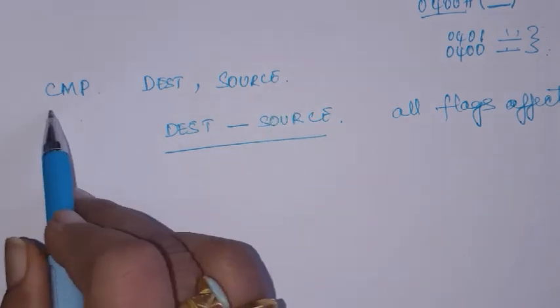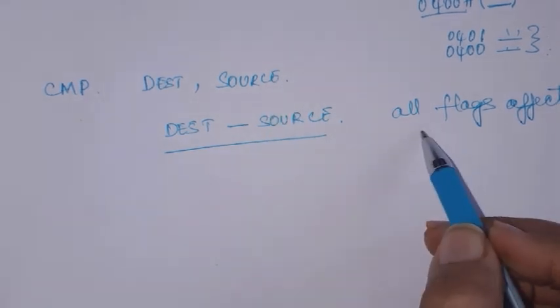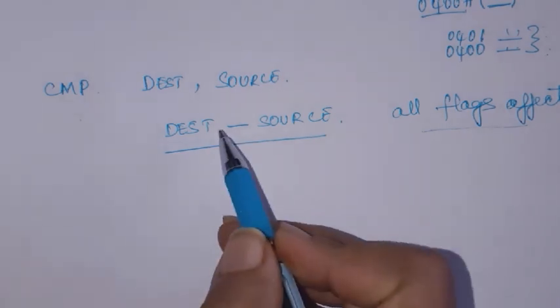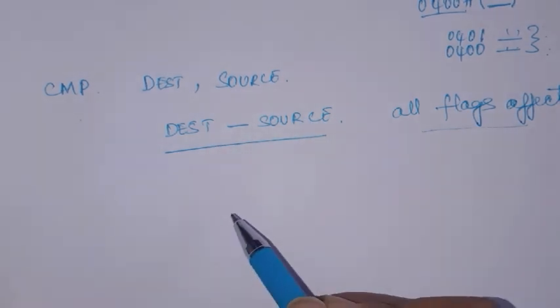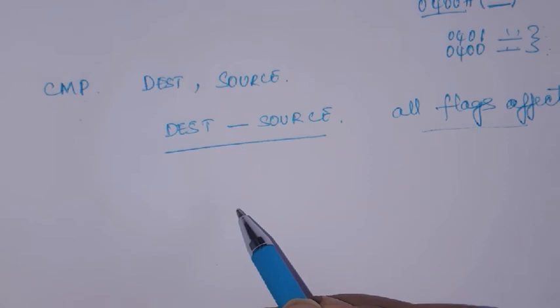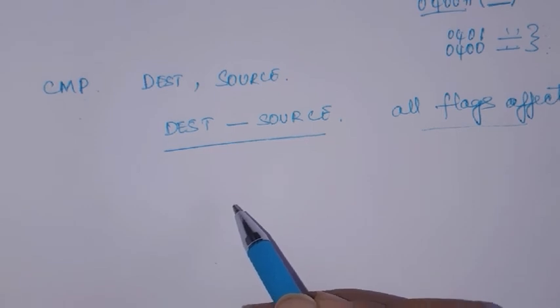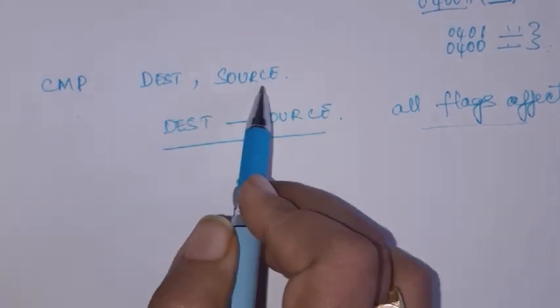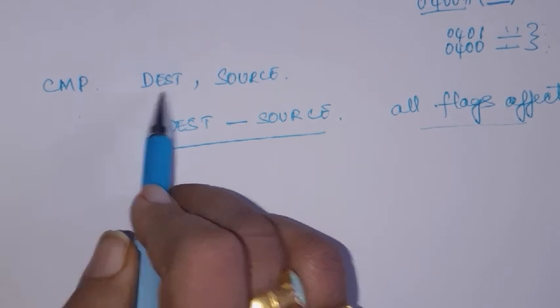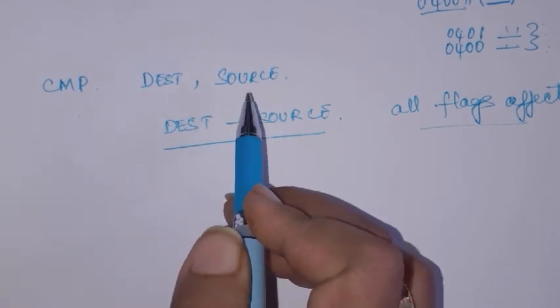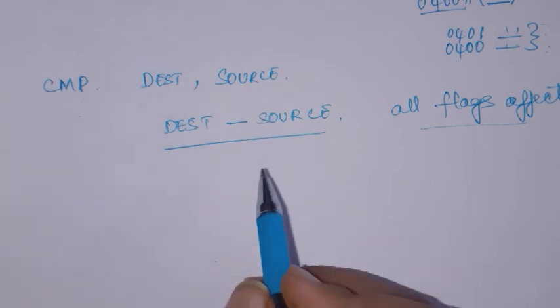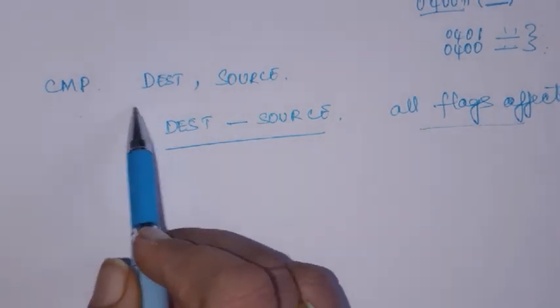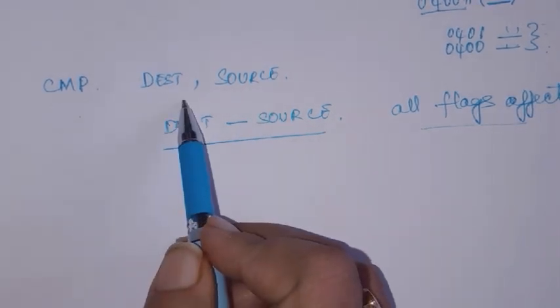So after this instruction, by checking the flags, we can find out whether the numbers are equal or greater or less than. The contents of destination and source remain the same. They will not change. Only the flags will be affected after the execution of this instruction.